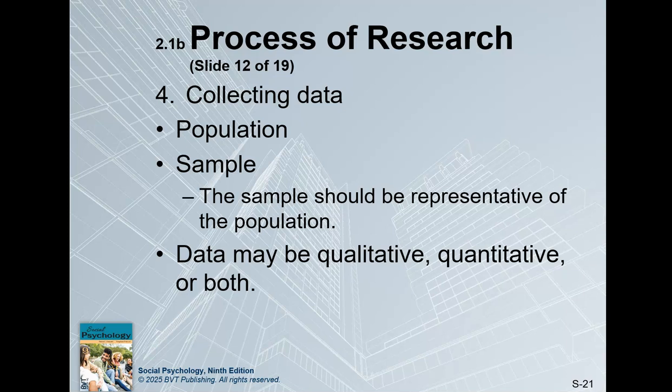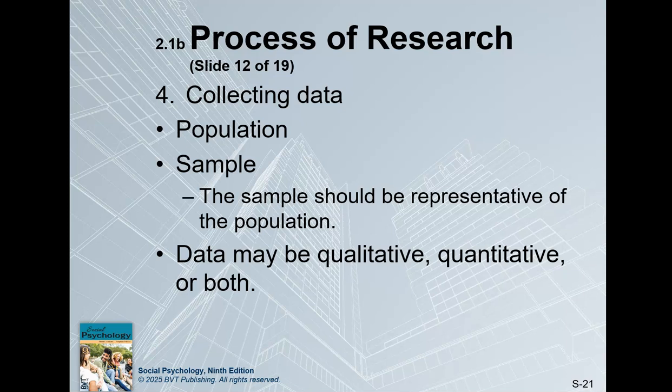So the population, I'll give you all an example. Maybe the researcher is conducting research about college students, but the population might be all college students, but the sample might be the college students in their particular college. And that is why they call it the sample.